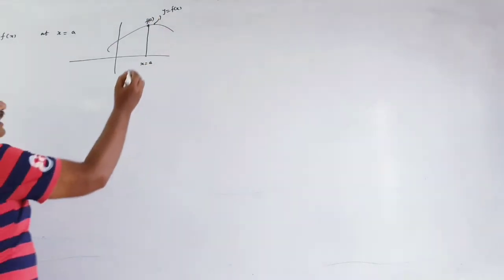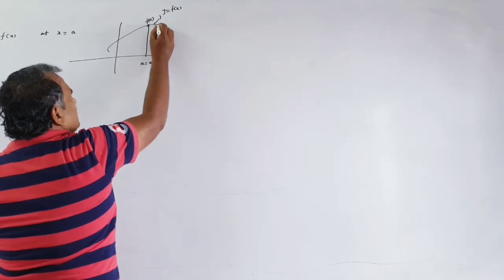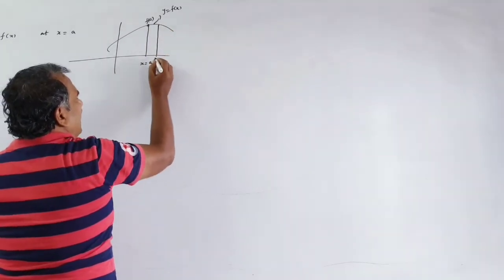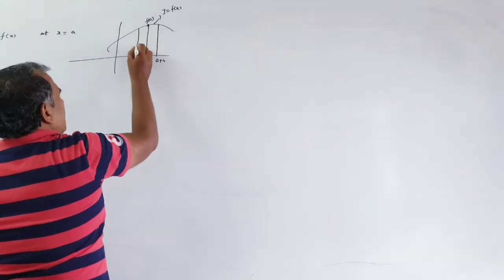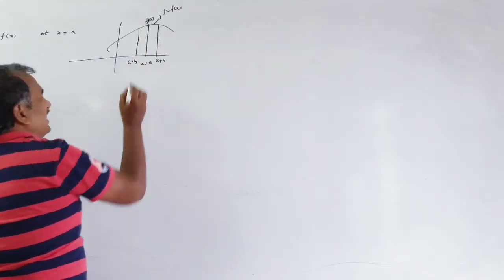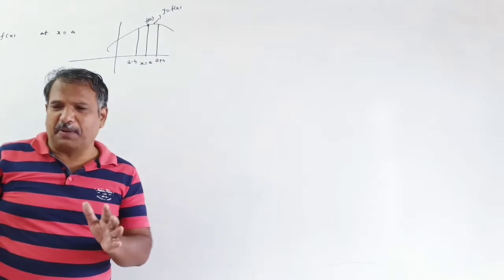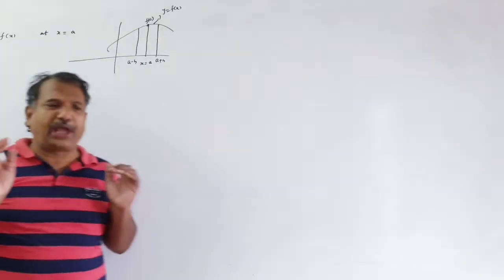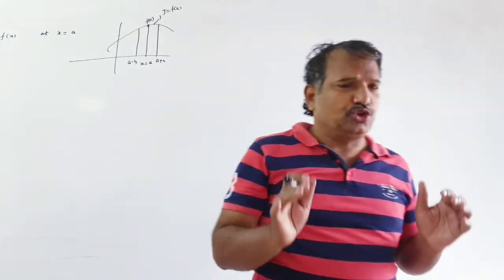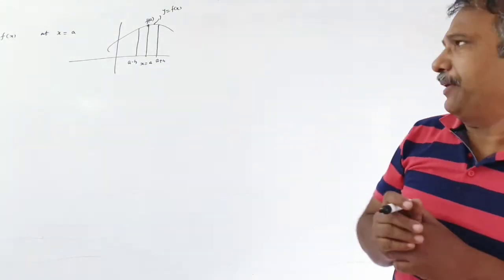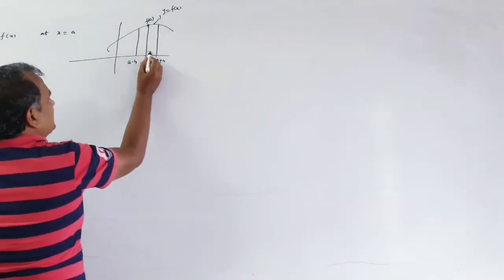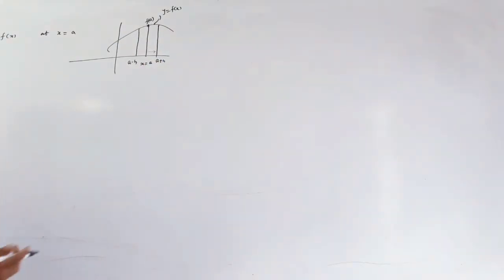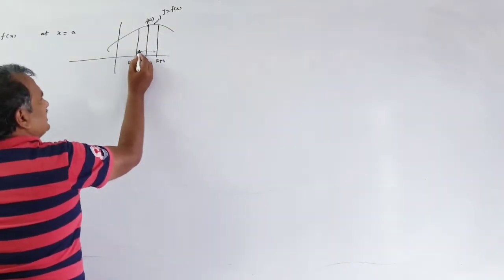Now let us say this side is a plus h and this side is a minus h. h is negligible, very close to 0, but positive. Now this side is greater than a and this side is less than a.